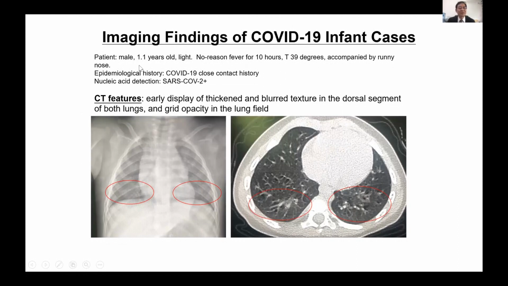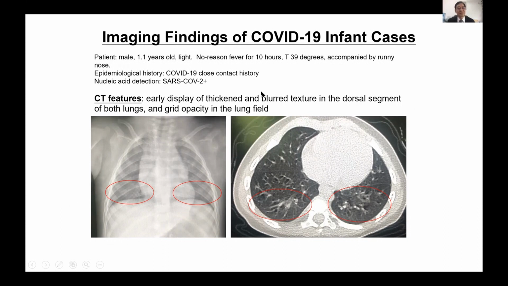This case, 1 year old. No reason fever for 10 hours. The temperature 39 degrees, accompanied by runny nose. Epidemiological history: COVID-19 close contact history.